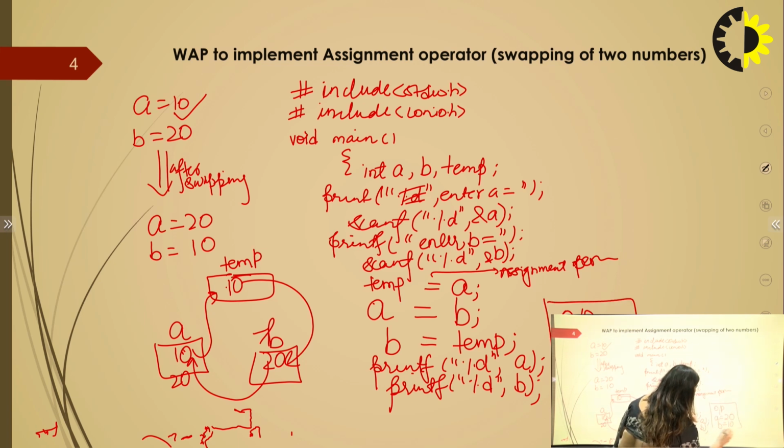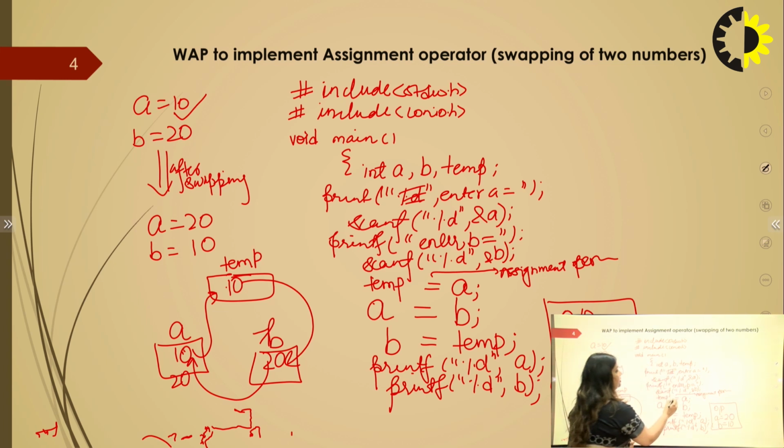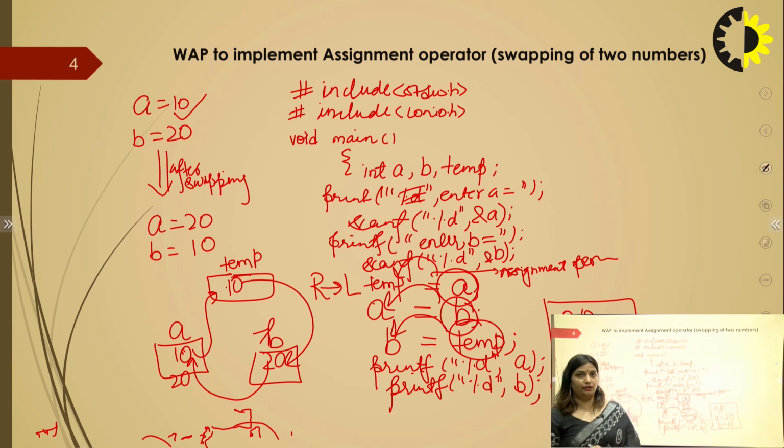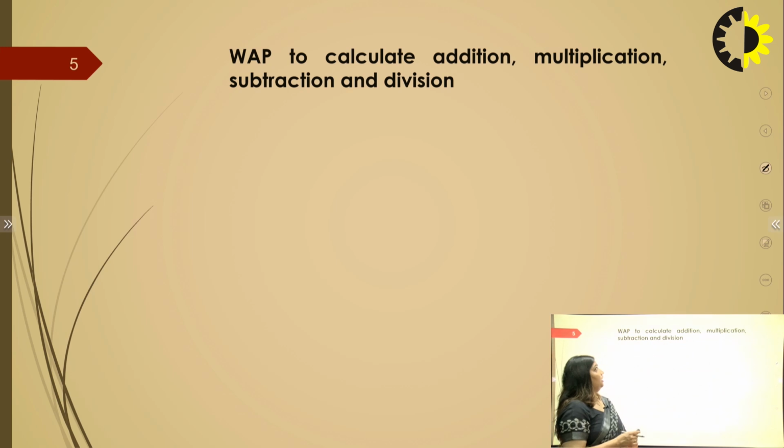Here this is the assignment operator, and we have to be careful that assignment operator associativity is from right to left, means the value of a will be assigned to temp, value of b will be assigned to a, and value of temp will be assigned to b. So this is the implementation of the assignment operator.